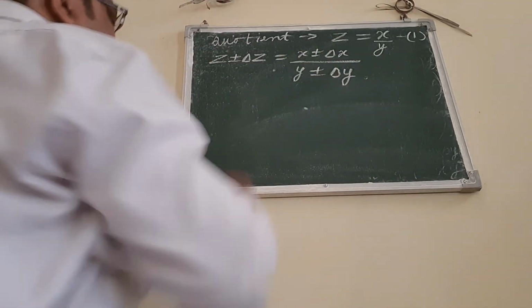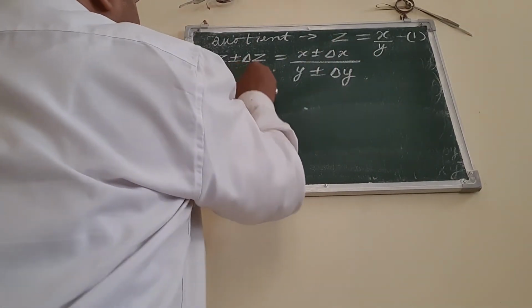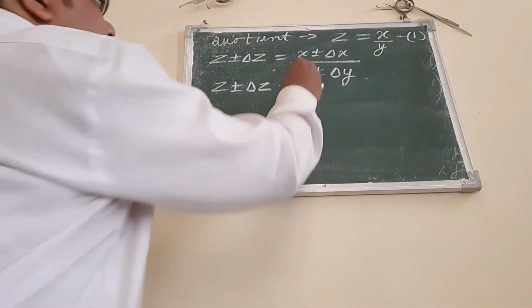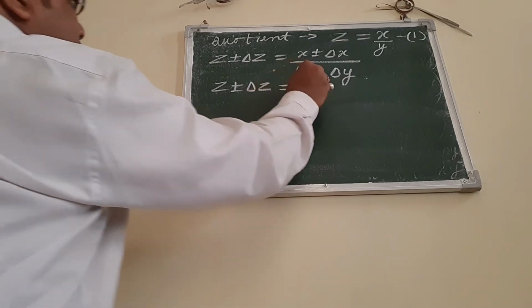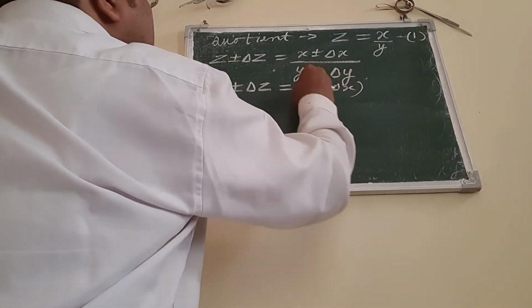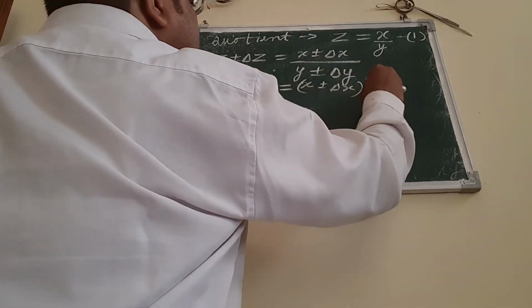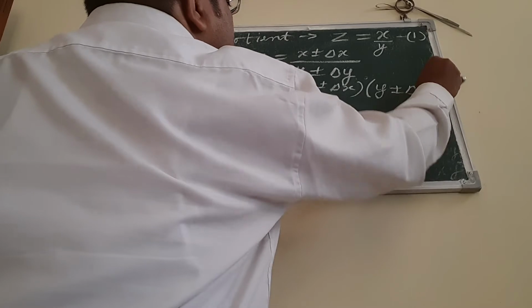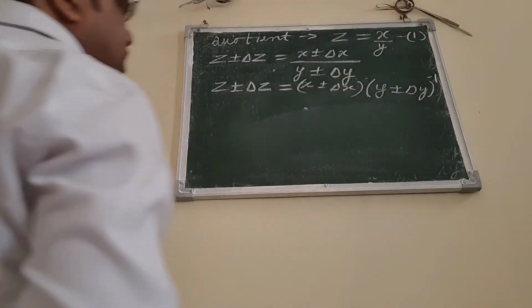So here we can arrange it and write it as z plus minus delta z is equal to x plus minus delta x, and taking the denominator in the numerator, it will become raised to power minus 1.